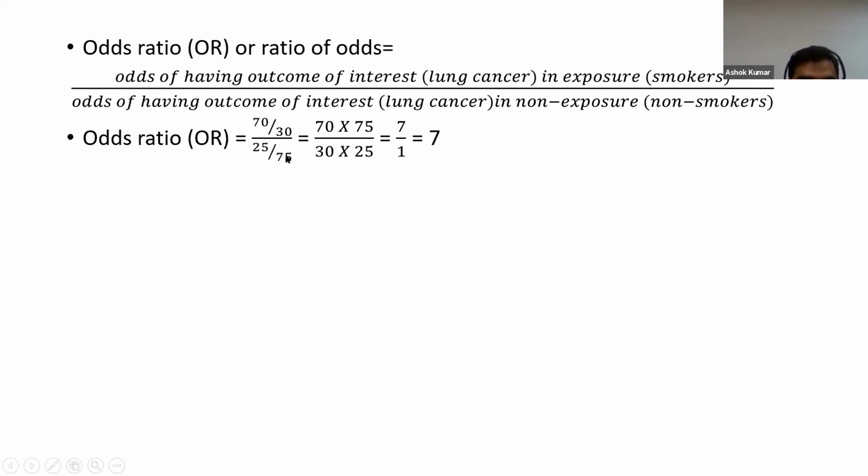Then this is the fourth value and it will go up: 70 multiplied by 75. This is the second, this is the third, and they will come in the denominator, and it will go into the numerator. So you can see here 70 multiplied by 75, over 30 into 25, that is 7 divided by 1, that is 7. So it's an odds ratio.